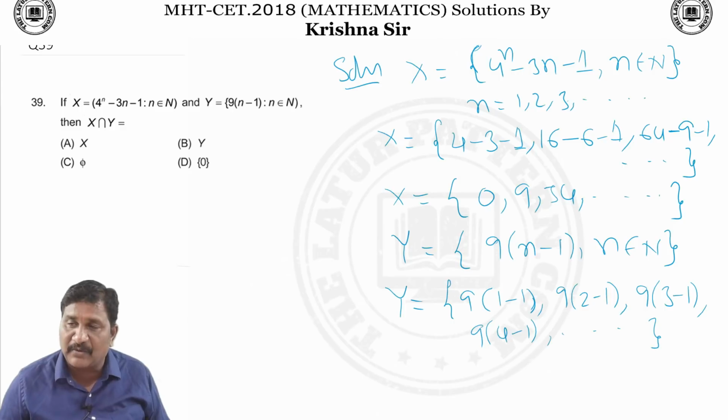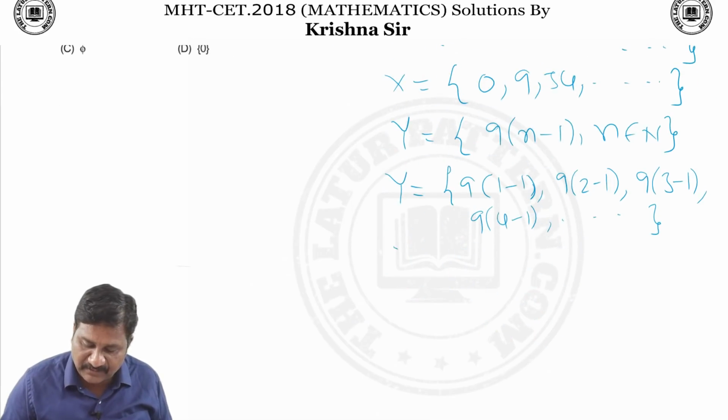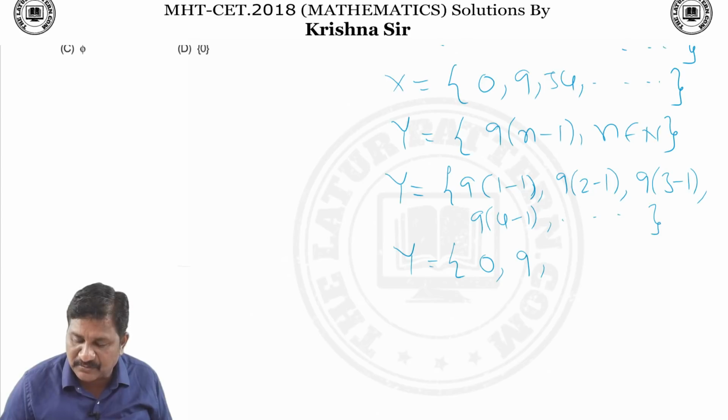This is our set Y. So from set Y we are getting what? 1 minus 1, 9 into 0. Next 2 minus 1, 1 into 9. Similarly 3 minus 1, 2 into 9 is 18. 4 minus 1, 3 into 9 is 27. Then 9 into 5 minus 1, which is 36.